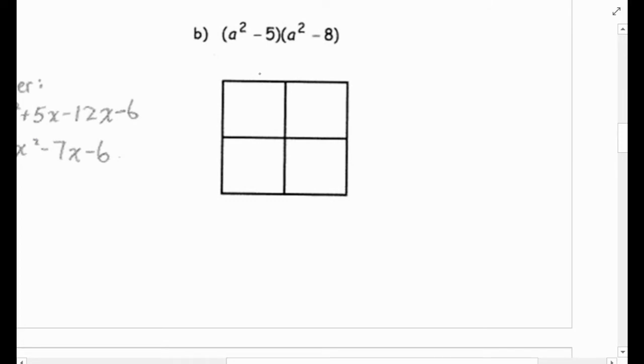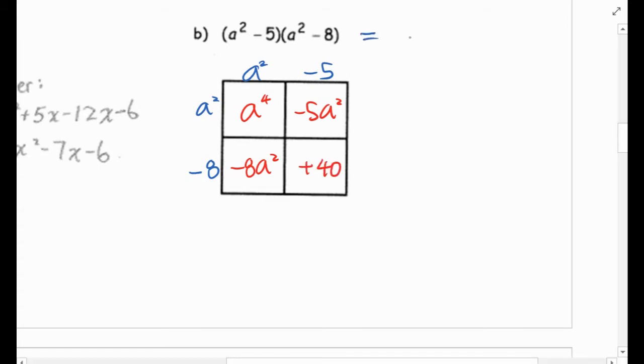Here, okay, a squared minus 5, a squared minus 8, a squared times a squared. What do you get? A to the power of 4. A squared times negative 5, negative 5a squared. A squared times negative 8, negative 8a squared. Negative 8 times negative 5 is plus 40.